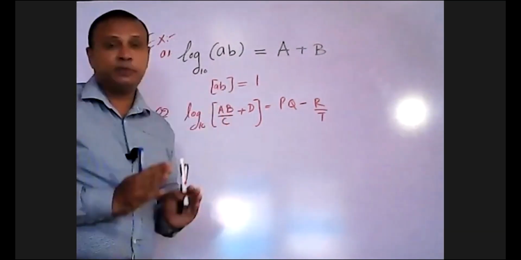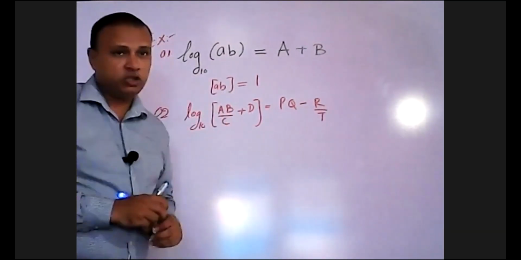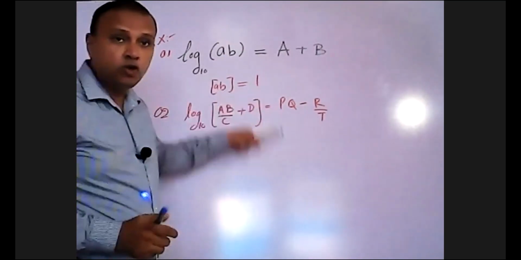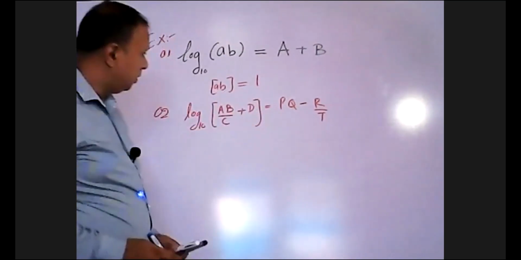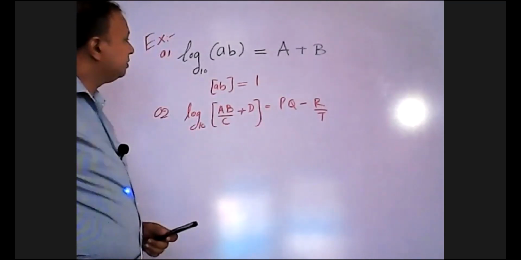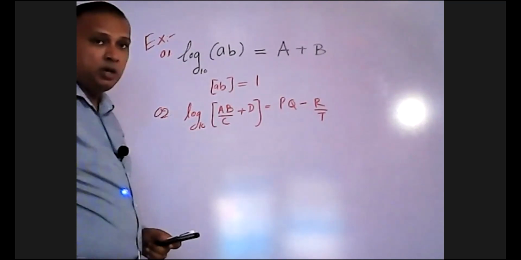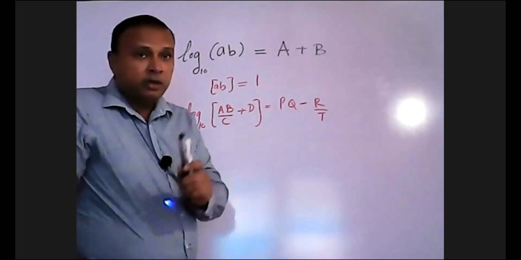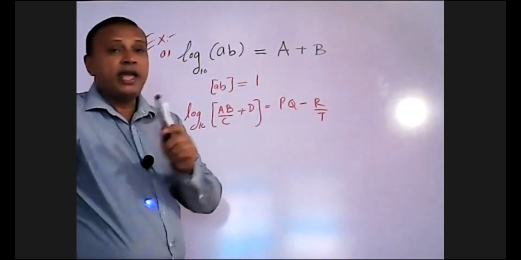So that expression does not have a dimension. So the dimension of AB should be equal to 1. Okay, don't say 1. It does not have a dimension.